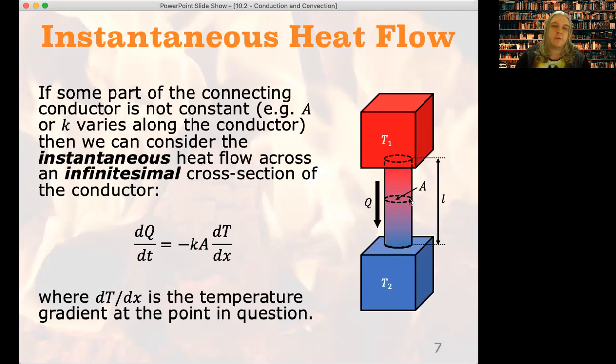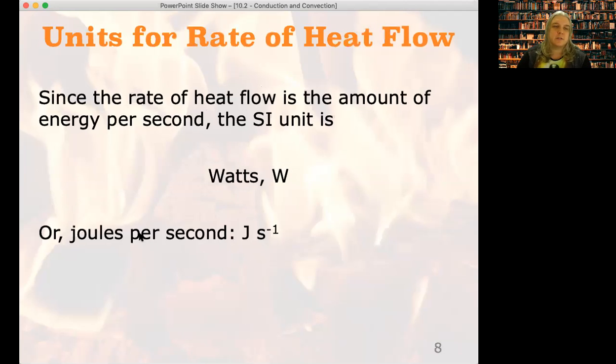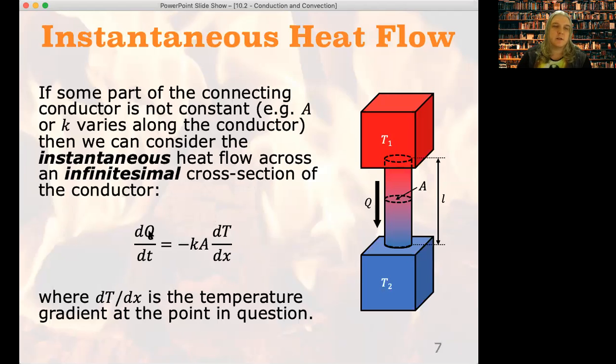So you might take, for example, that little circle that I've drawn in the middle as an infinitesimally thin slice of that connector. And at that one tiny slice, the rate of heat flow, so it's still joules per second, now becomes minus K A times the temperature gradient at that point.